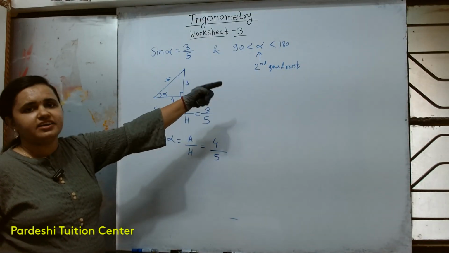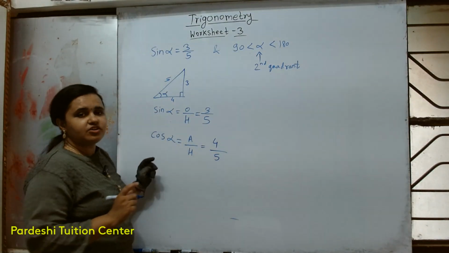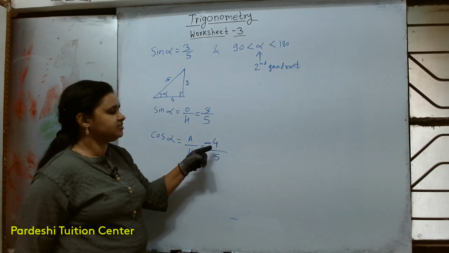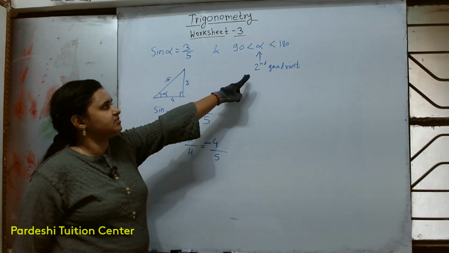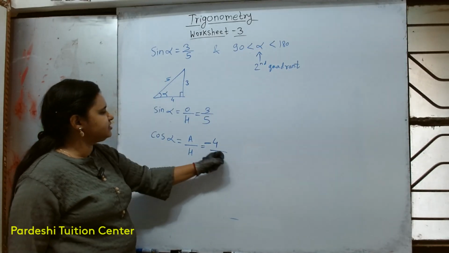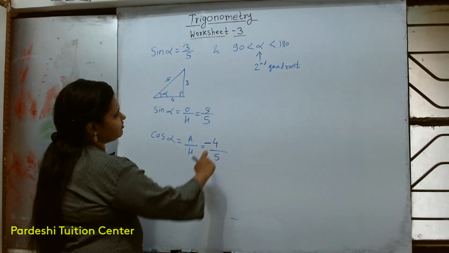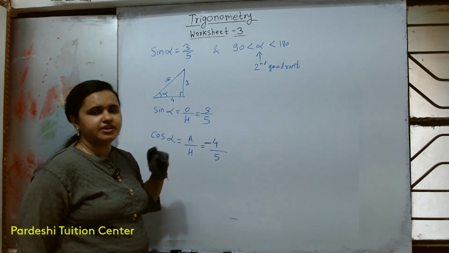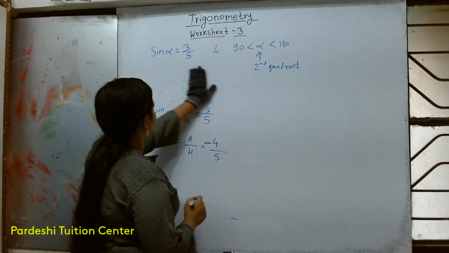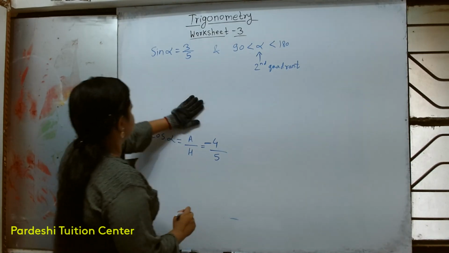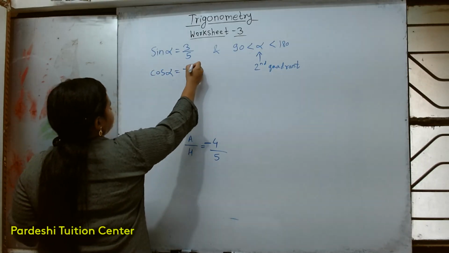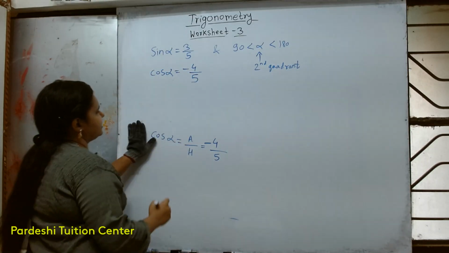In the second quadrant cos is negative. This is very important. So our answer will not be 4 by 5, it will be minus 4 by 5. So cos alpha we have got as minus 4 by 5 since it is in the second quadrant.